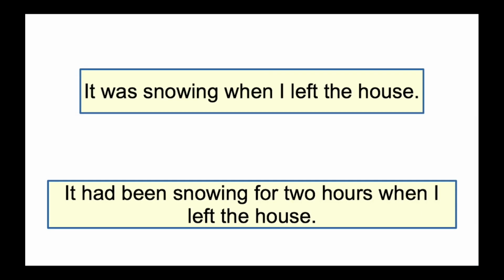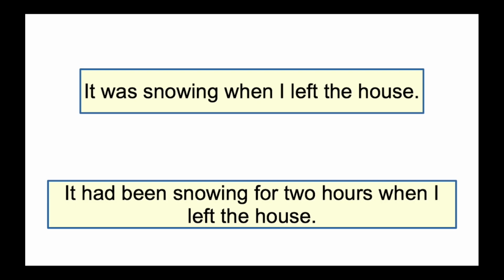Now let's take a look at these two sentences. It was snowing when I left the house. It had been snowing for 2 hours when I left the house. This is where it gets tricky, so please listen carefully.